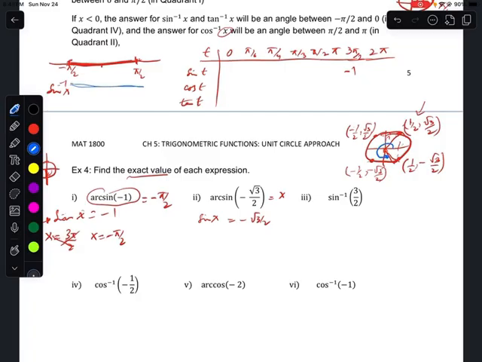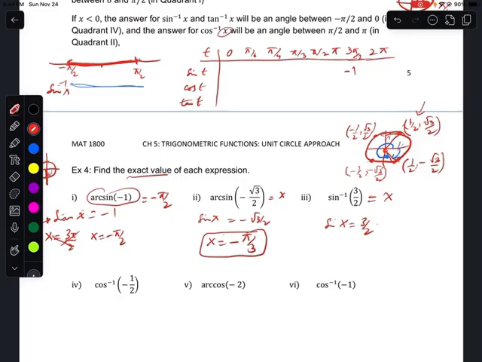And if I reflect this point about the x-axis, I arrive here, and the coordinates of this point will be the same, only the y coordinate will have a negative sign in front, because in the fourth quadrant the x coordinate is positive and the y coordinate is negative.